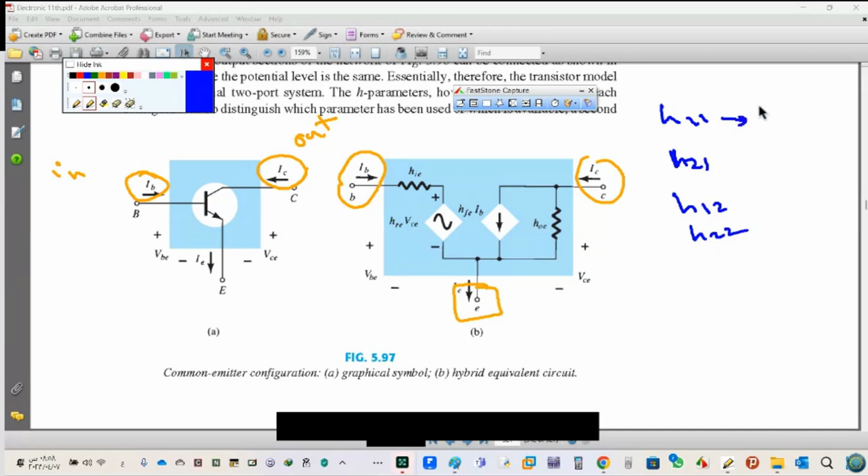H11 means HI, and here we'll add something: E. E means here common emitter. So here we have HIE. Clear, Ahmed? H-I-E.